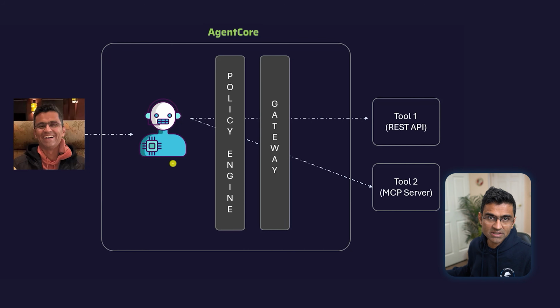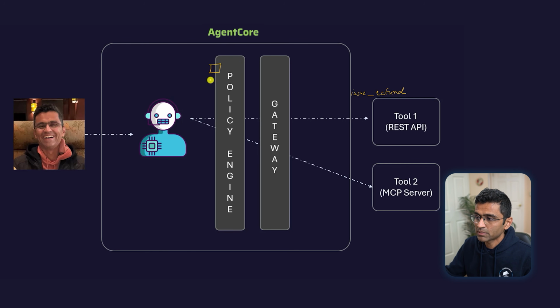Let's assume you have this customer care AI agent, and the person who is smiling right now is asking for a refund from this AI agent. Now, let's say you have this REST API called refund, or issue refund. That is the function call that you have. And you want to create a policy where if the refund is above a certain threshold, you don't want to allow it. In that case, in this policy engine, you can put your policies.